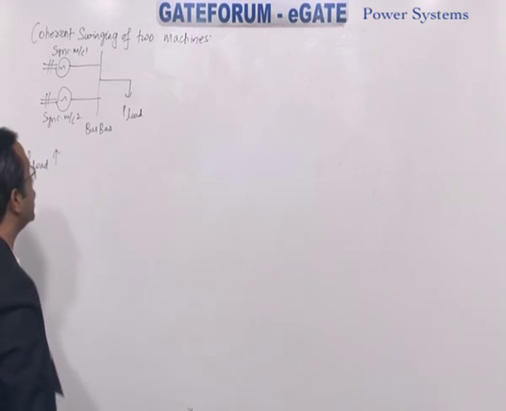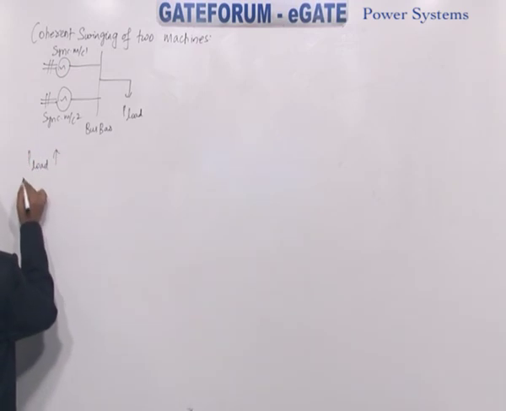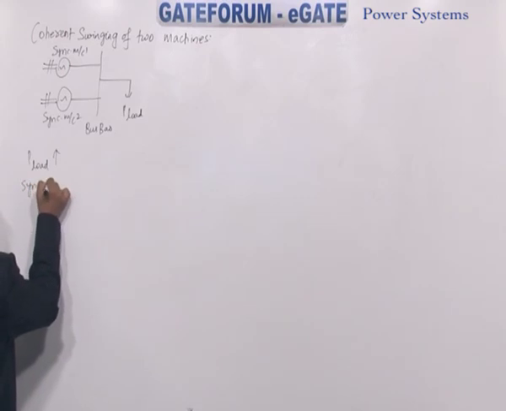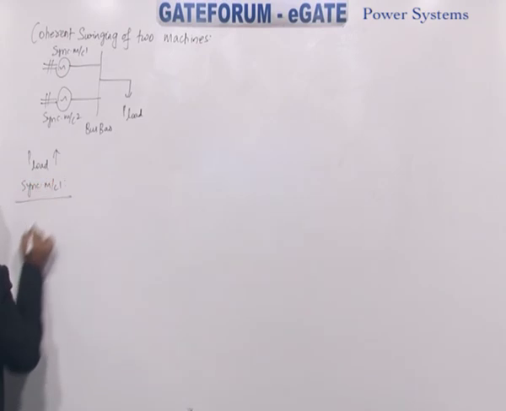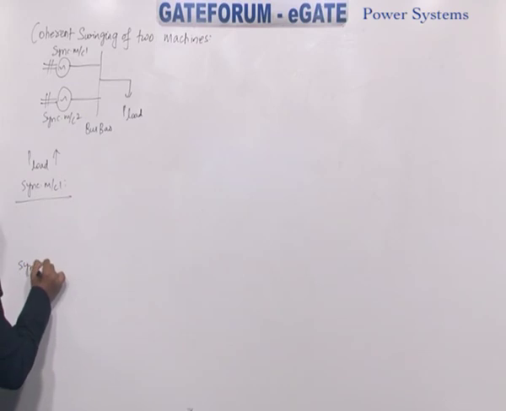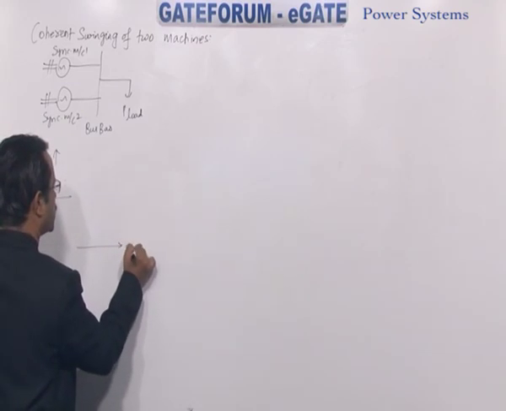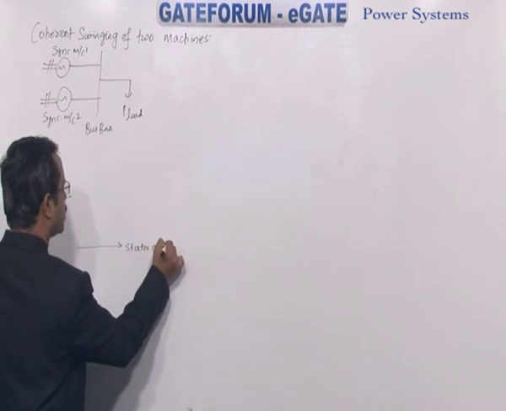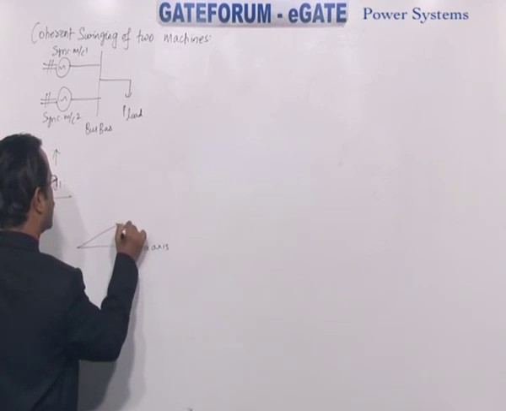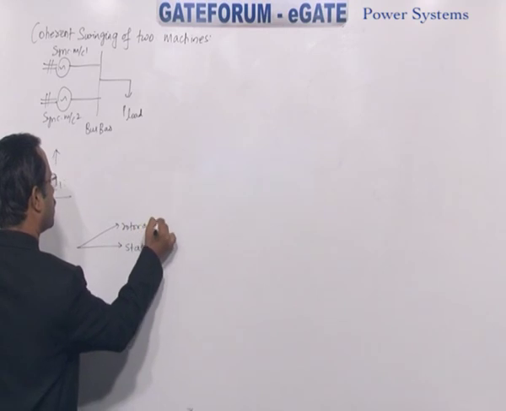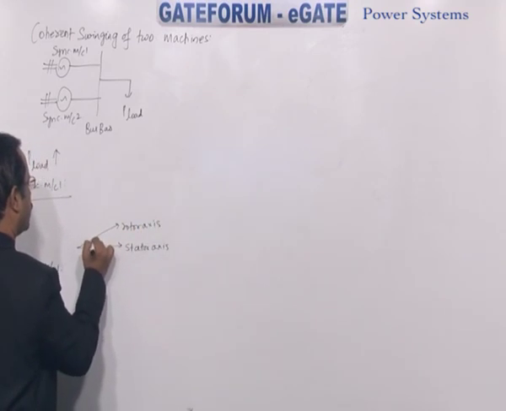Now before the increase in the load demand, what about the stator and rotor axis of synchronous machine 1? You can represent it like this. This is the stator axis, this is the rotor axis. What about this angle now?